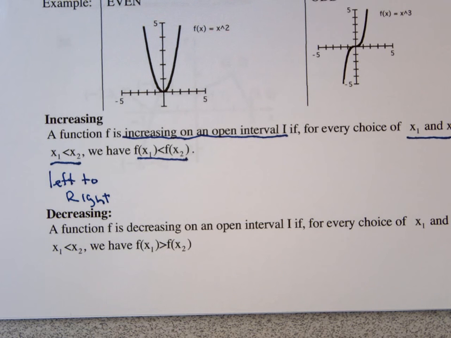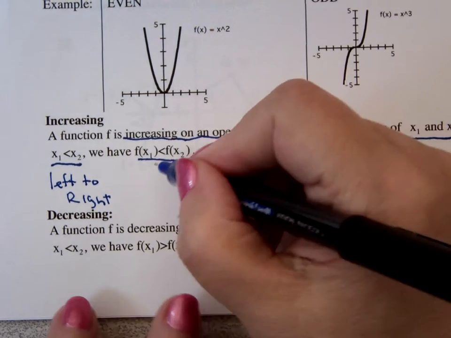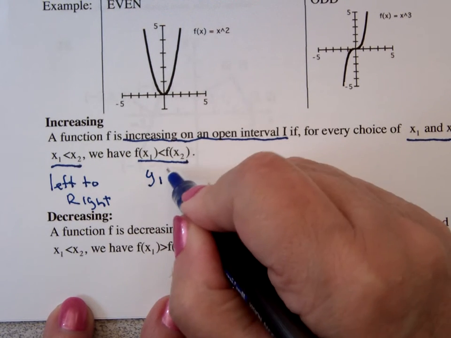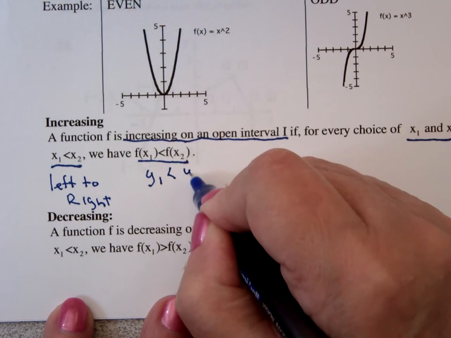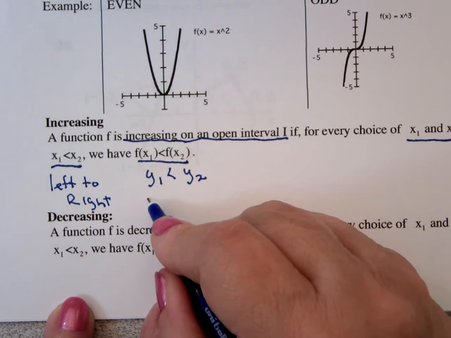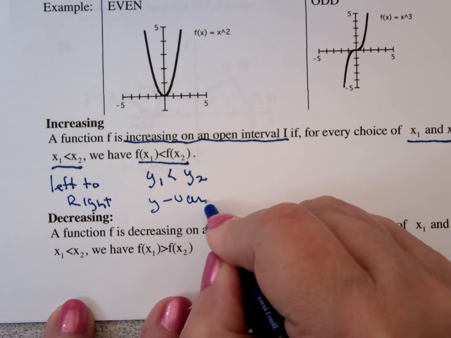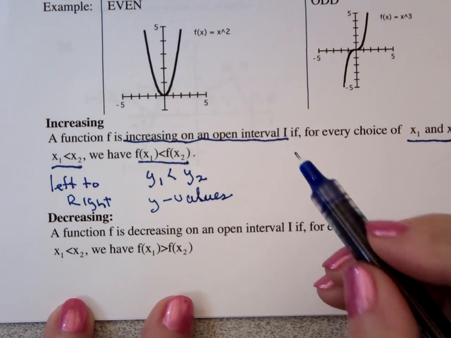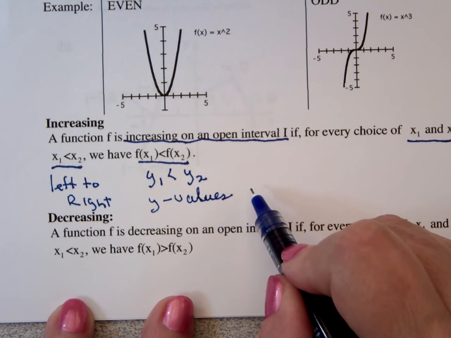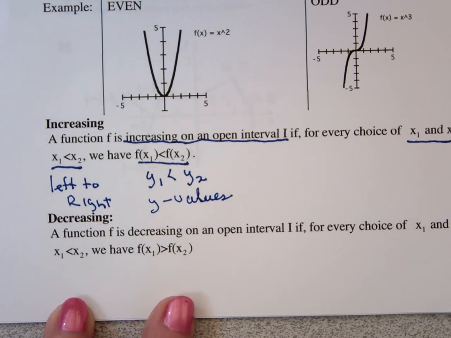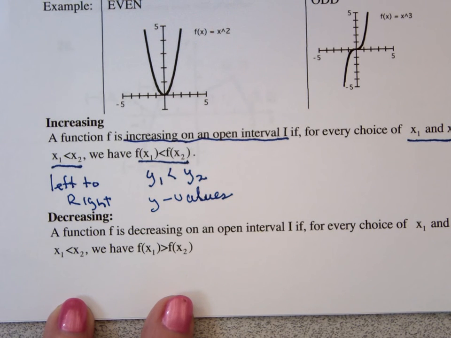And if the x's are going from left to right, I notice the y values, that the first y value is smaller than the second y value. Now what's that saying? The y values are doing what? If y1 is smaller than y2, increasing means they're getting larger.